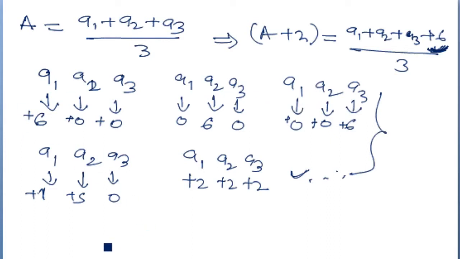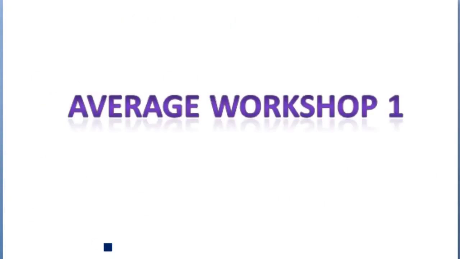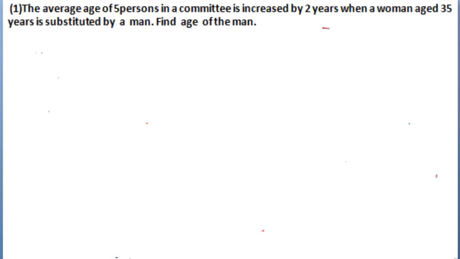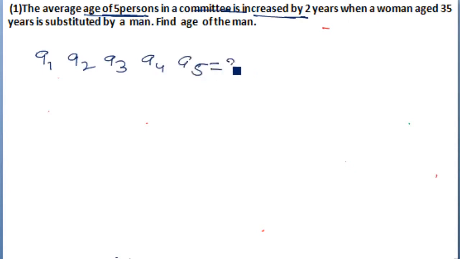Now let's move to our question. The average age of 5 persons in a committee is increased by 2 years. Suppose A1, A2, A3, A4, A5 are the 5 members, and let's say A5 is 35 years.